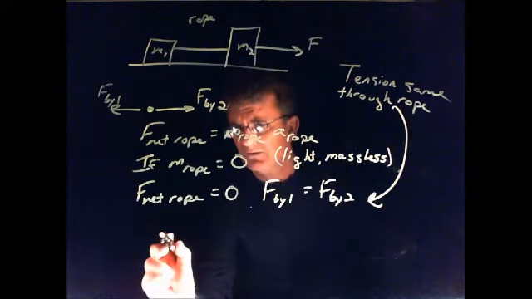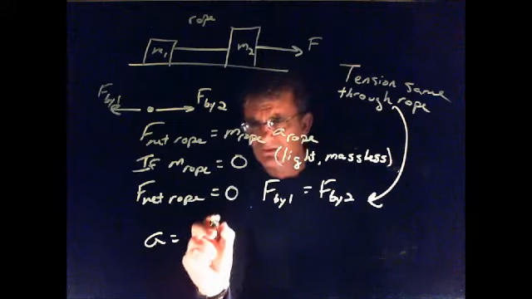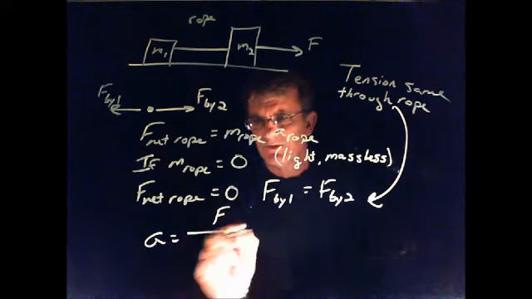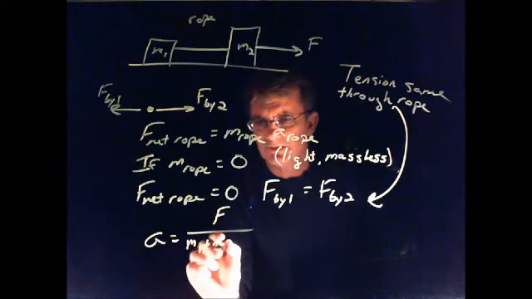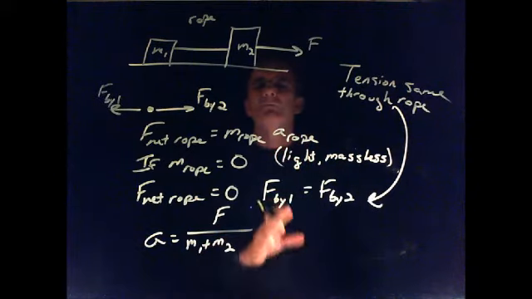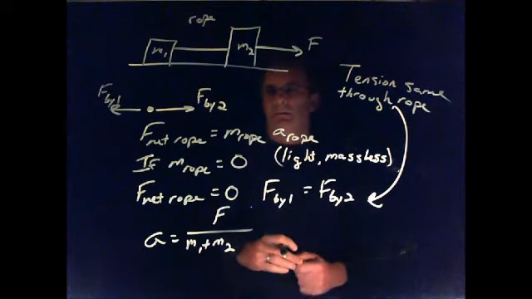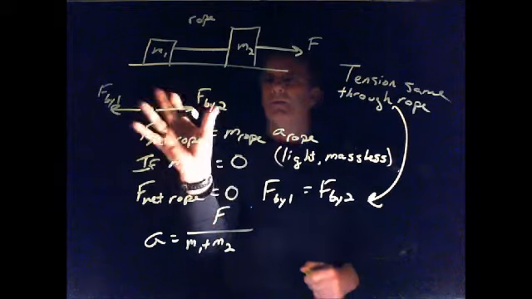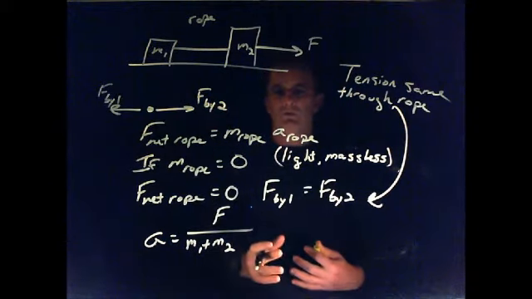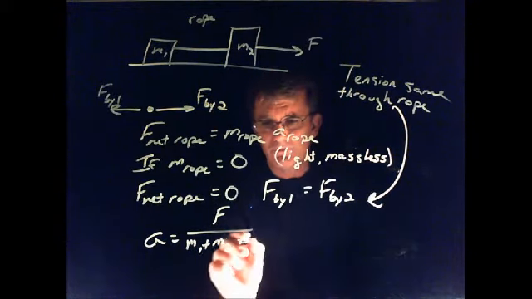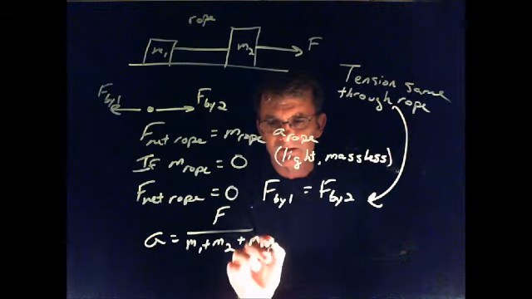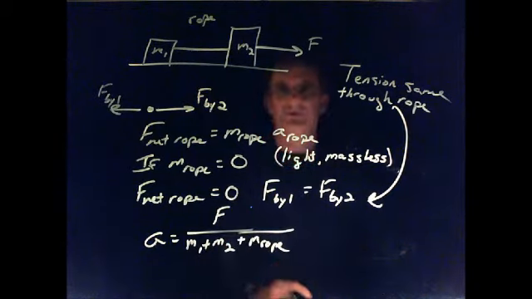Again, our acceleration is going to be the net external force, which is F over M1 plus M2. If the rope did have mass, these two forces are internal. All we would do is add in the mass of the rope as part of our system.